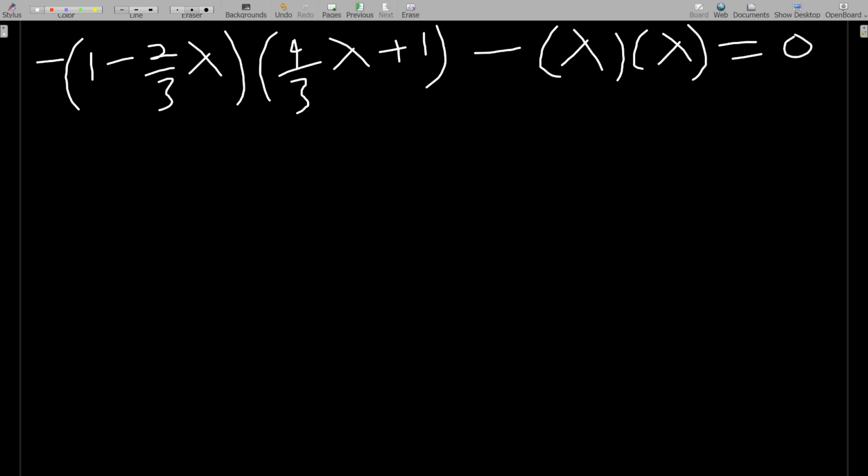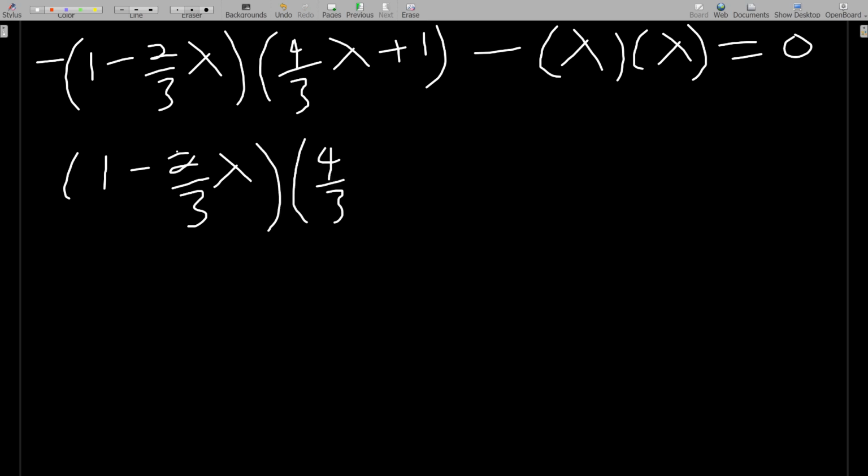That is the determinant. If I divide through by negative 1, I have (1 minus 2 over 3 lambda) times (4 over 3 lambda plus 1) plus lambda squared equal to 0.